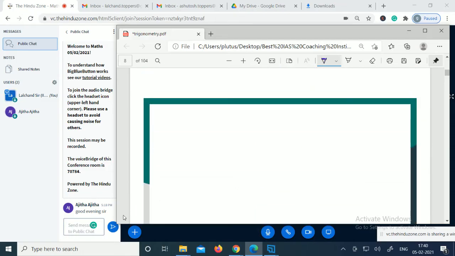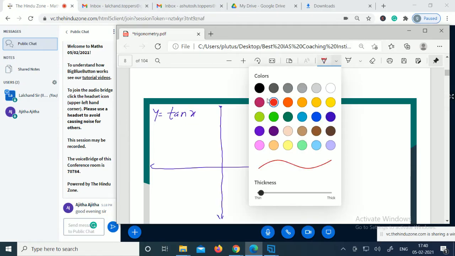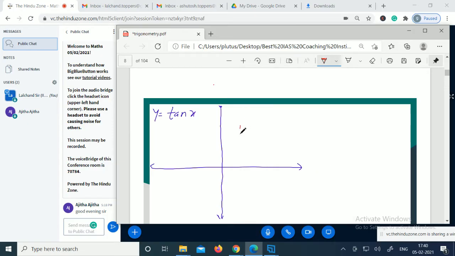Now talk about tan and cot. So y equal to tan x. The tan curve is like this. This is our pi by 2, this is minus pi by 2 and this is 0.